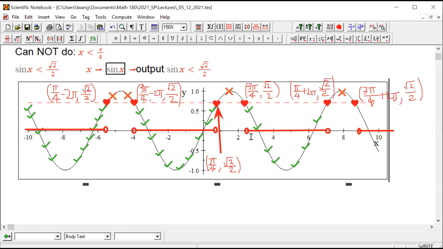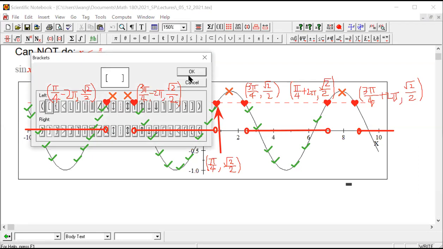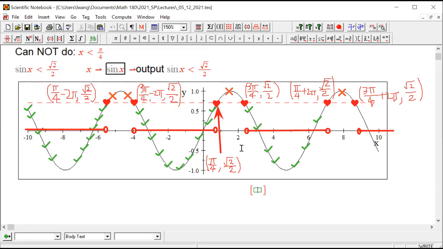So this interval right here is, comma, I'm sorry, it's not a bracket, it should be parentheses.